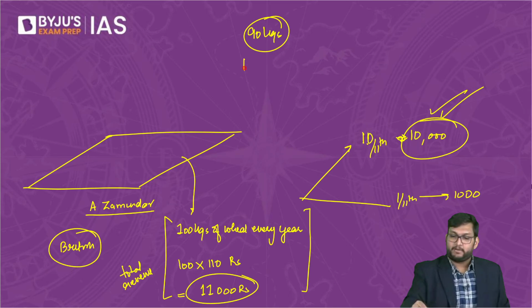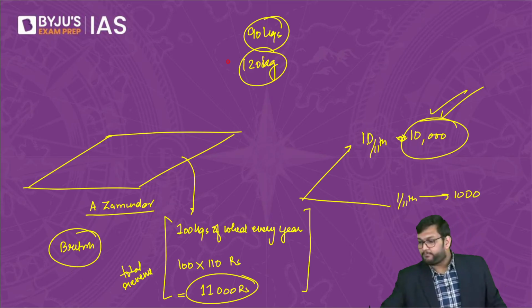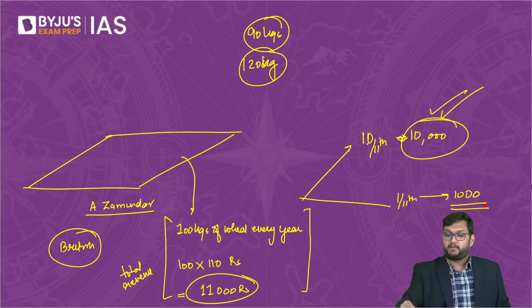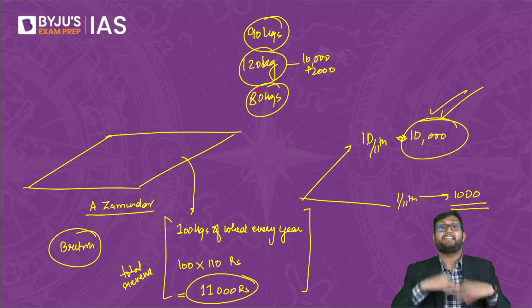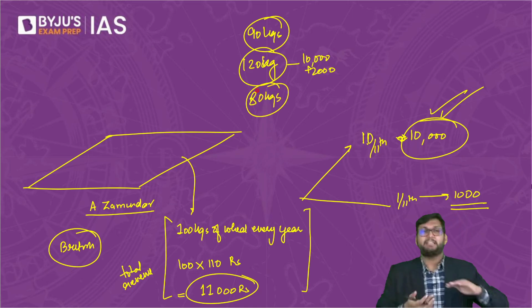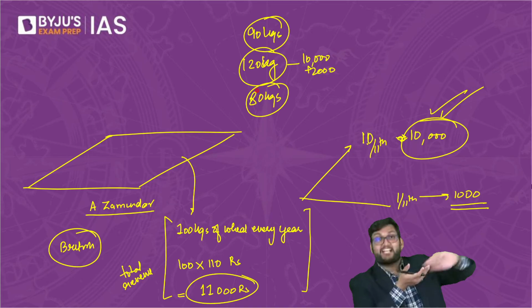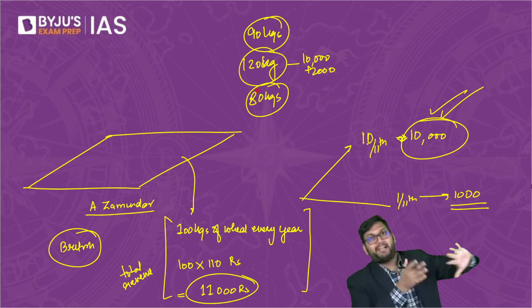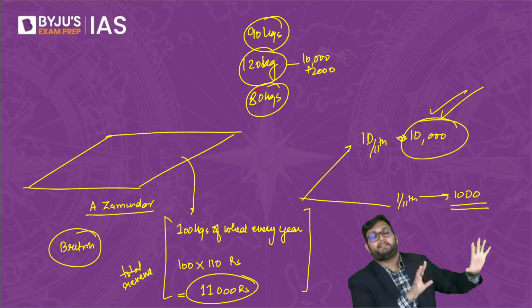The 1 year it produces 120 kgs. That year the zamindar gets 10,000 and he gets 2,000. But next year it was only 80 kgs. So now again he's in a loss. Basically, the amount is fixed at such a high point that the British are always in an advantage.